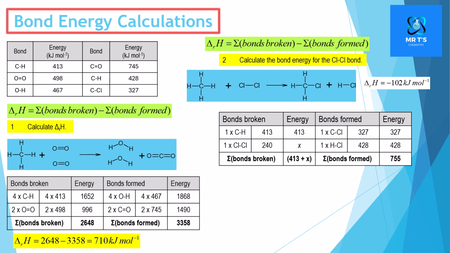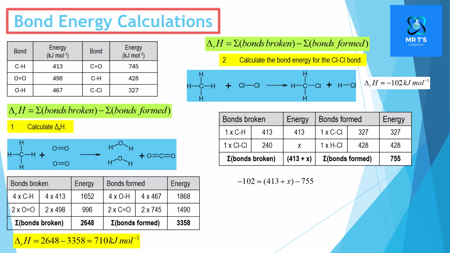So I put those into here. Apart from the Cl to Cl bond, I don't have a value for it because they want us to find it out. So it's given the notation X here. So we're going to solve for X. I'm just going to add it up like I would anything else. So I've got 413 plus X for the bonds broken, and 755 for the bonds formed.